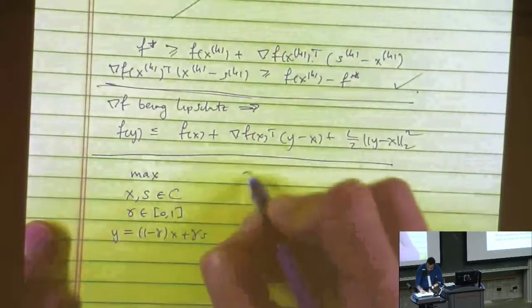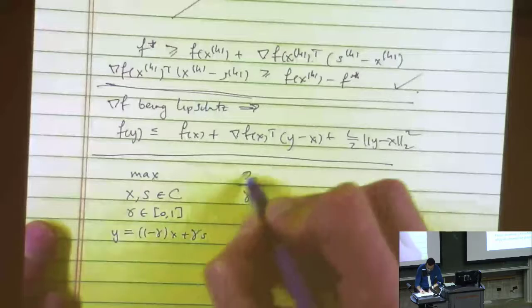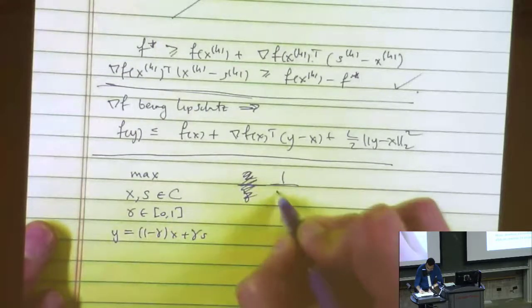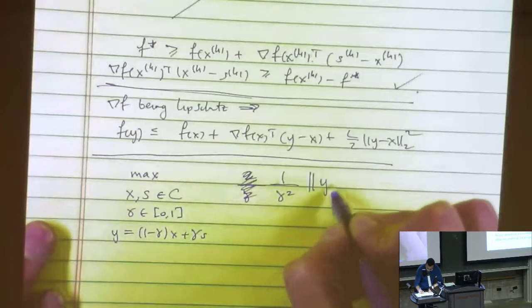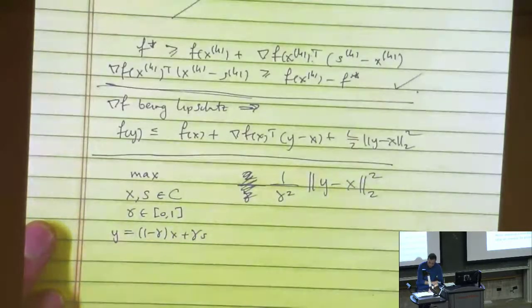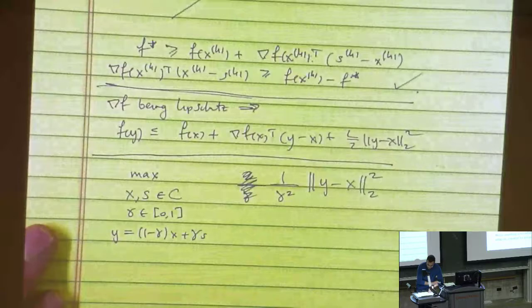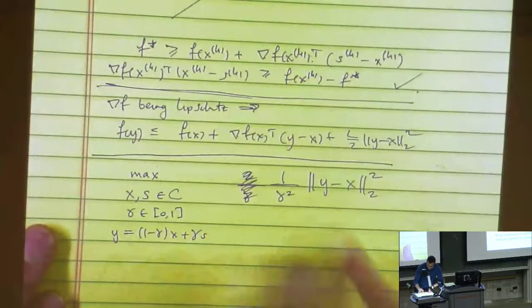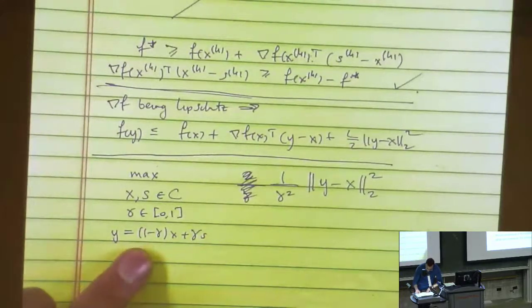And what we have is something like this. Actually, there's no 2 anymore. It's just 1 over gamma squared times the norm of y minus x squared. Okay, and so we should be able to do a quick calculation.